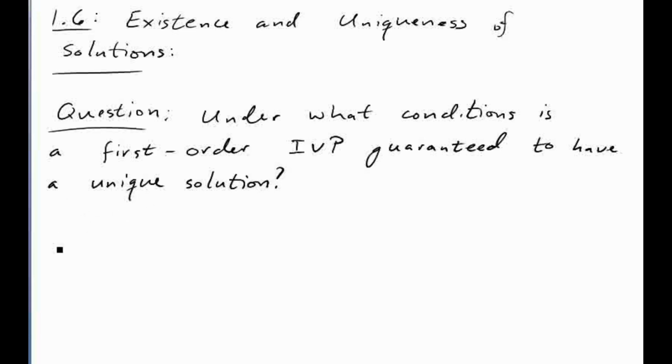And note about this, when we say a solution, that doesn't necessarily mean that we have the wherewithal to find the actual formula for it. And in fact, there may not even be a formula for it. But when we say a solution here, we mean a solution curve that is well defined.